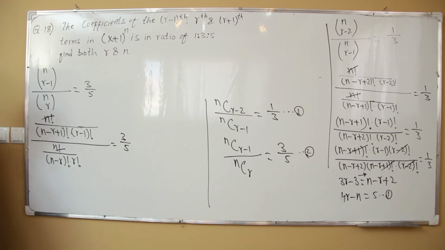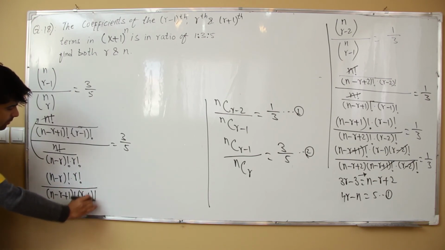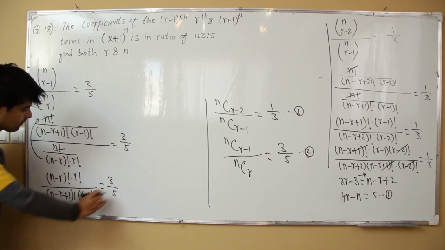This is cancelled. Now put this one to the denominator. You have (n minus r) factorial times r factorial divided by (n minus r plus 1) factorial times (r minus 1) factorial is equal to 3 by 5.